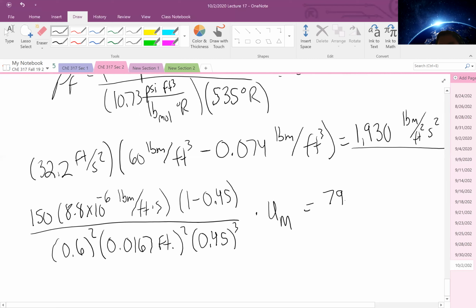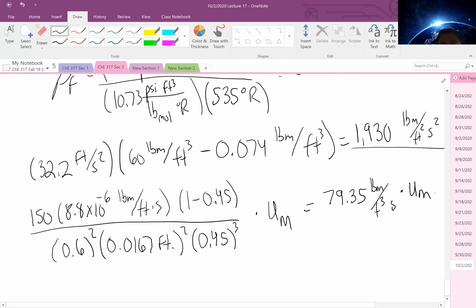I ended up with 79.35. Let's look at our units. We have pound mass per foot second on top, and we have feet squared on bottom. So I see pound mass per feet cubed second squared, times u sub m.